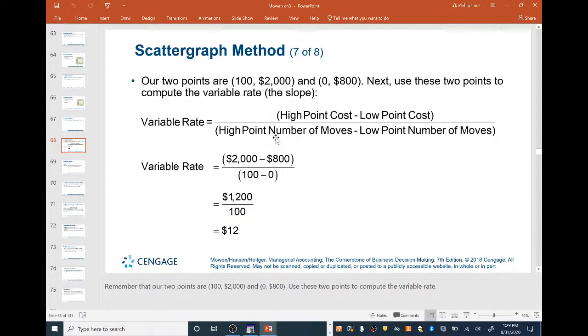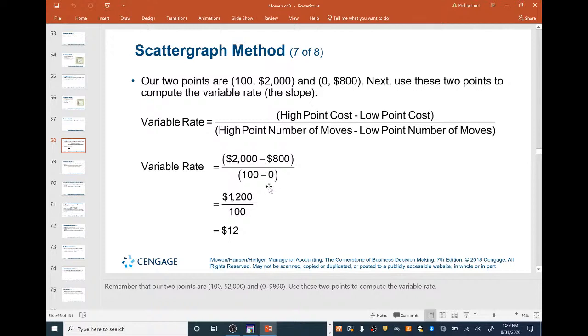Denominator, high point number of moves minus low point number of moves. So once again, we've got our given data up here that we're going to punch in. The numerator in this case, the high point cost is 2000. The low point cost is 800. The high point number of moves is 100. The low point number of moves is 0.